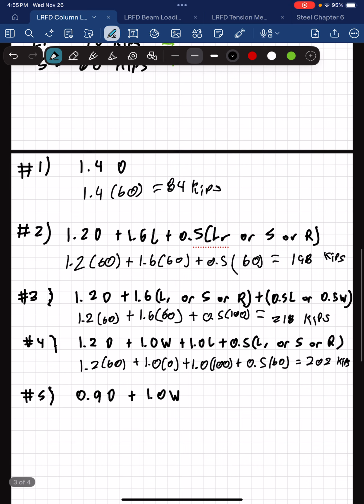And one more, 0.9 times our dead load plus 1.0 times our wind load, which is 0 in this case, and we're just going to get 54 kips here.